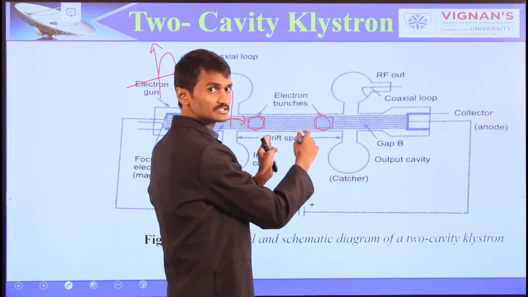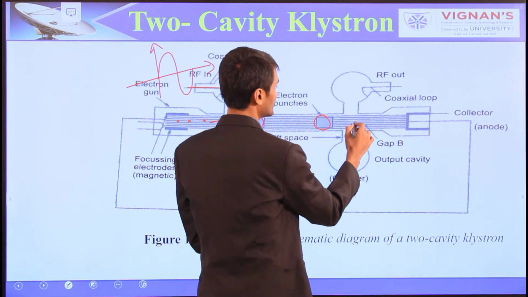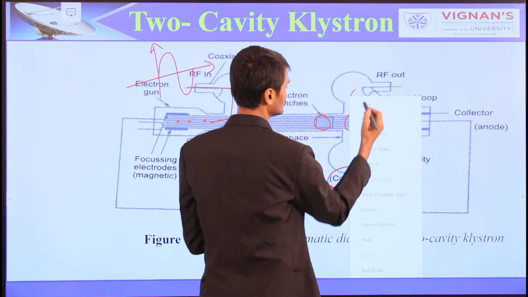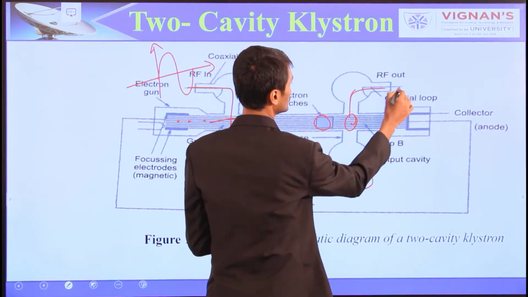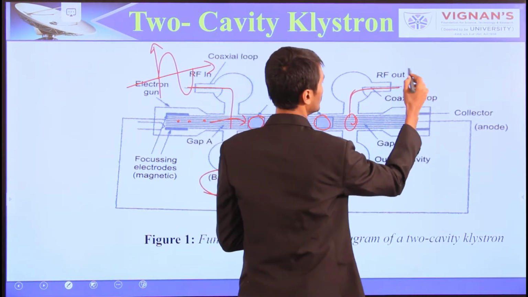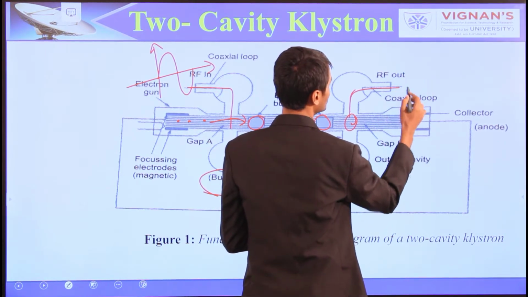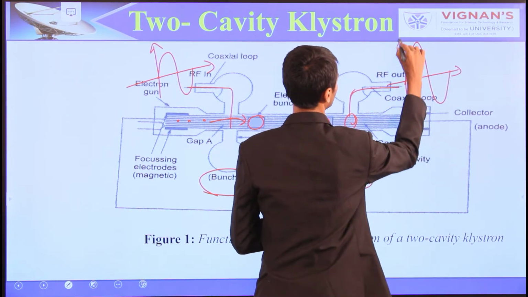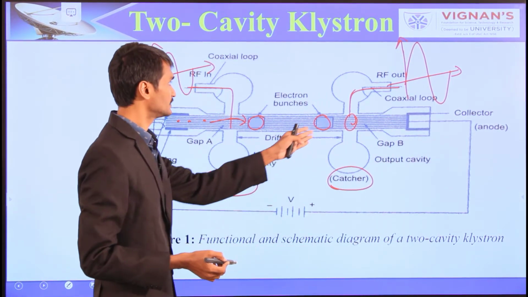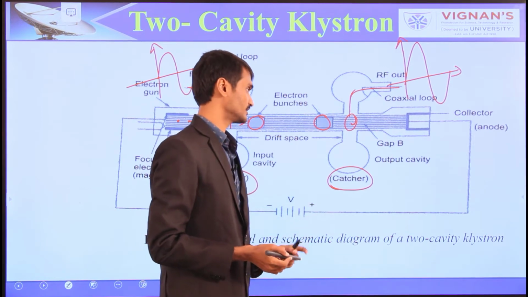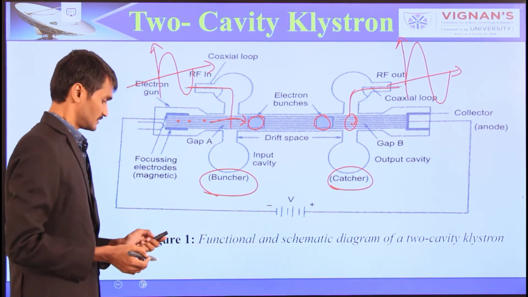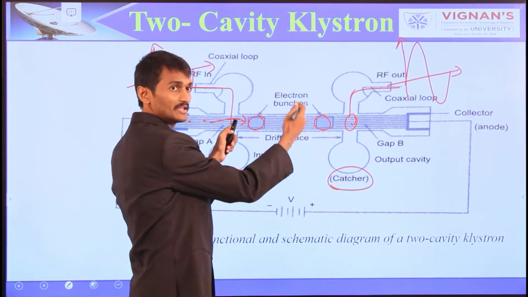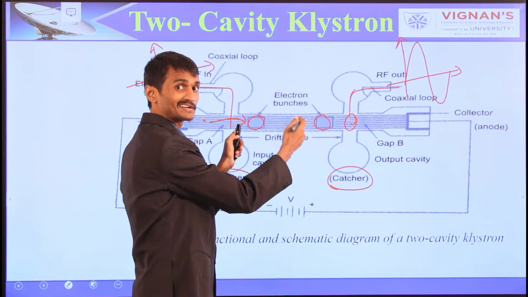These bunches of electrons will be extracted in the catcher cavity, and the amplified version of the signal will be extracted through the RF output coaxial loop. See here, we have to calculate the optimum length in the drift space where the electron bunches will form.